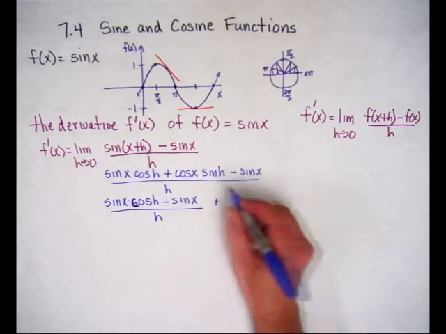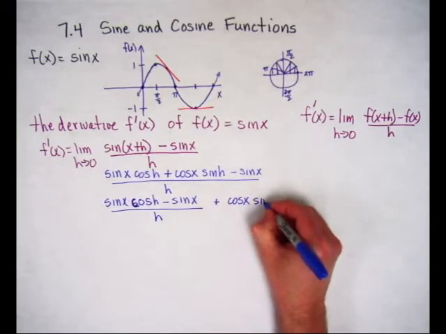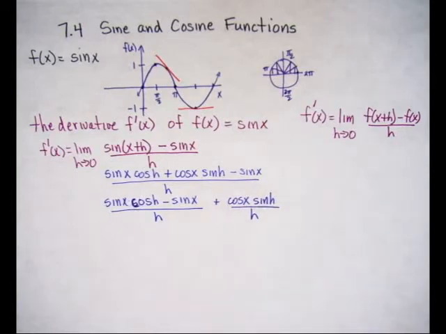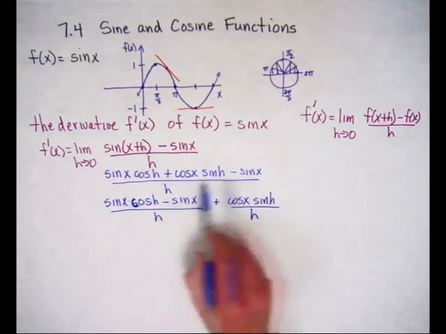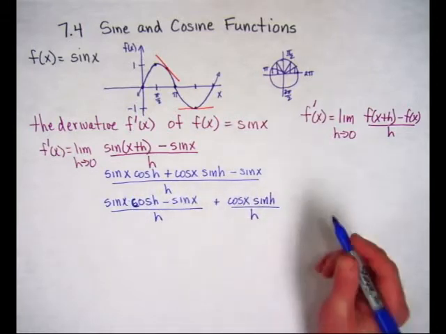Plus, I've got this middle term, cos x sine h all over h. So all I've done there is some rearranging. All of these terms are being divided by h, so I've just rearranged how it's been written.